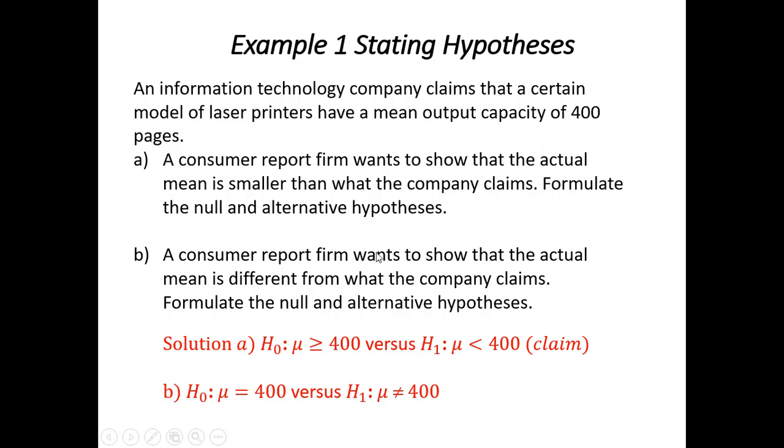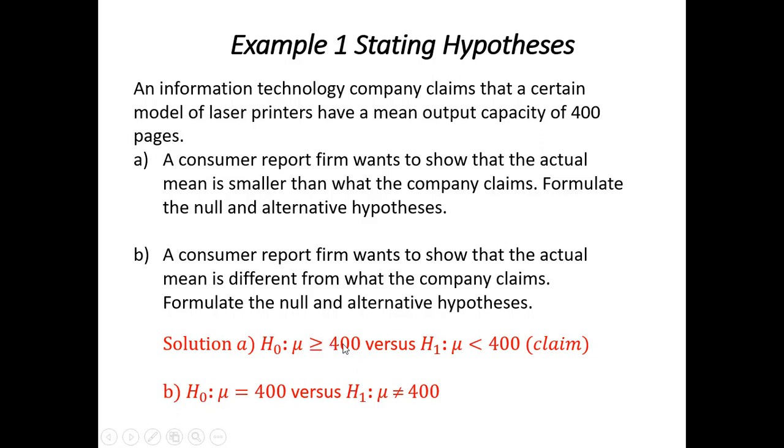So a couple of key words to focus on here: in part A the firm wants to show that the mean is smaller than the claim, and in part B, it's simply different. So the null hypothesis for part A is that the mean is greater than or equal to 400. Right, here we want this to be smaller.